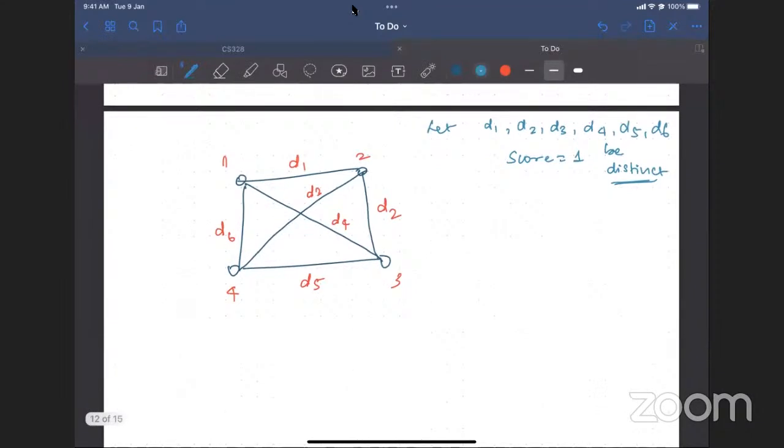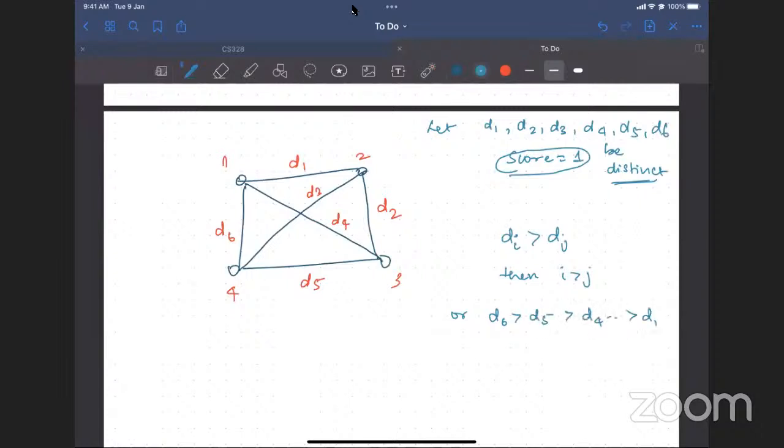And now you want to maximize the score, right? By my assumption, if di is greater than dj, then i is greater than j. Or d6 is greater than d5 is greater than d4 greater than d1, right?